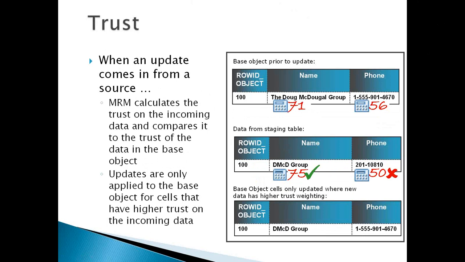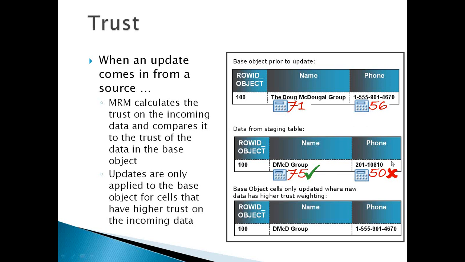The phone number, or this update, will be there in the cross-reference table. Whenever an update comes in, MDM always updates the cross-reference table first. I have row ID object 100, and in the cross-reference also I have row ID object 100.